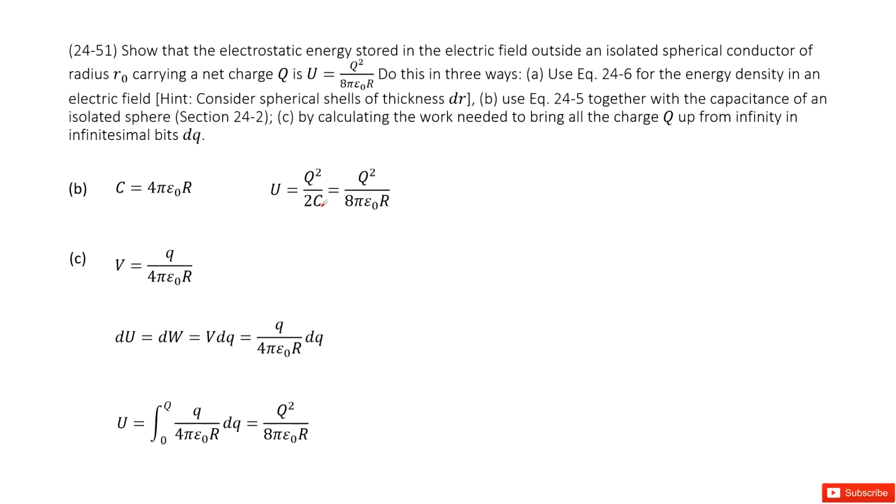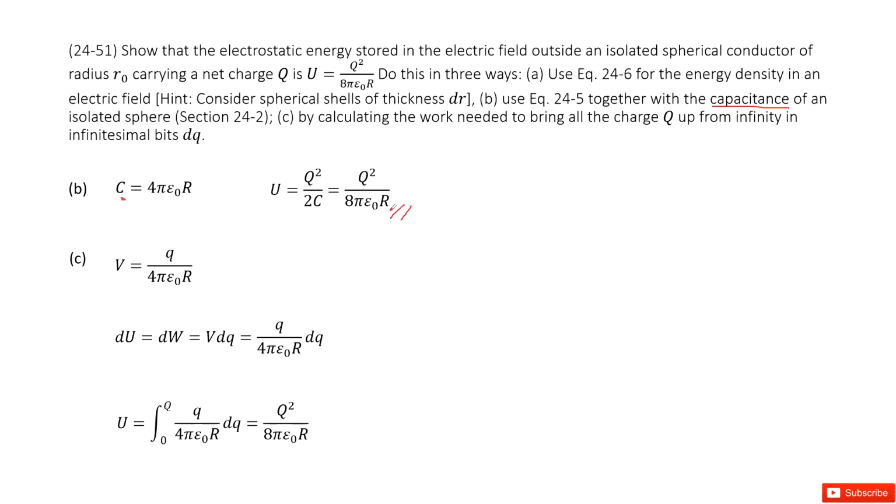This C is the capacitance of the spherical conductor. You can use the function for the capacitance of a spherical conductor, which is 4 pi epsilon naught r, and input C inside. You get the answer there.